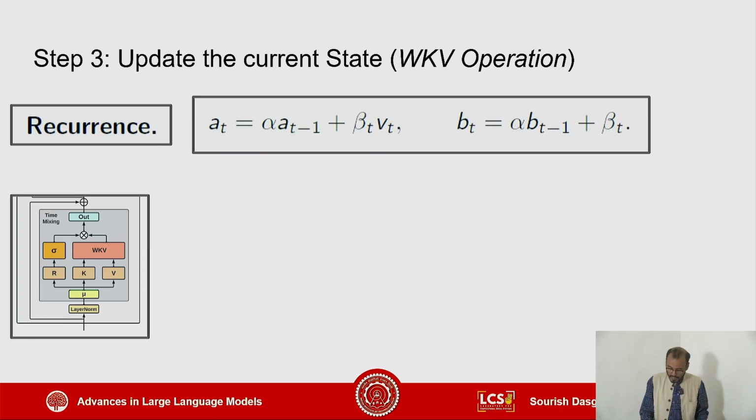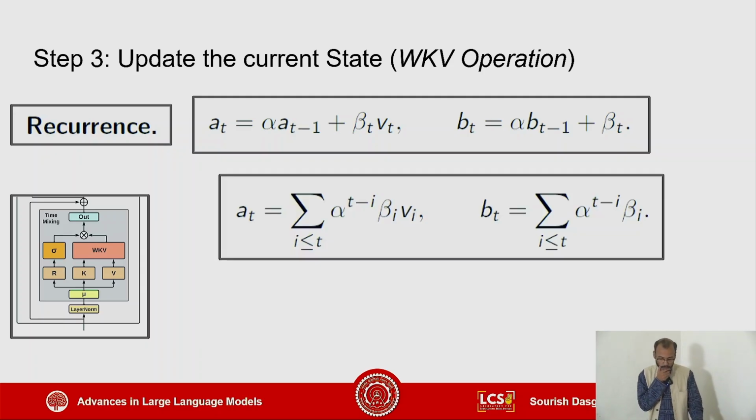And then you have some bt, which is formulated like this, and this bt acts like the denominator in terms of how a particular time step is contrasted with every other time step, prior time steps, right? So if you unfold it, you can write at as a summation over alpha t minus i over all the prior i's, and you can then bring beta i, that sums over all the prior t minus i.